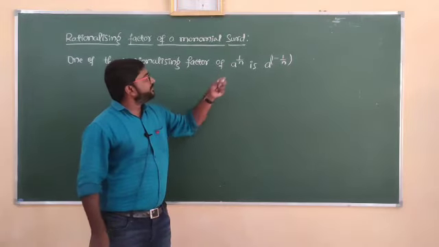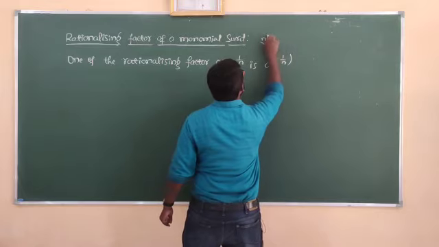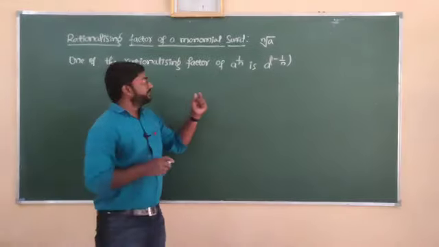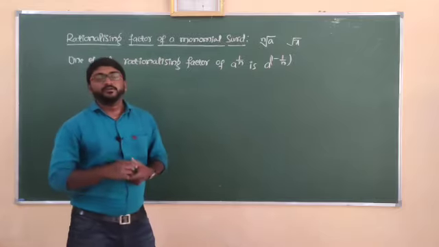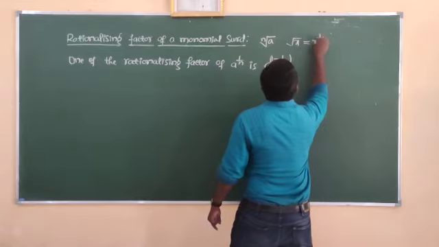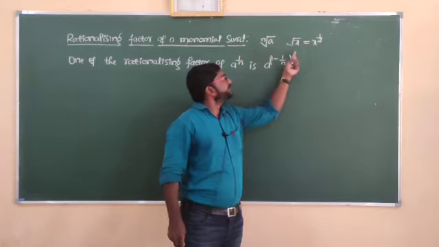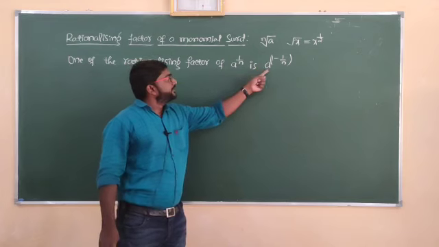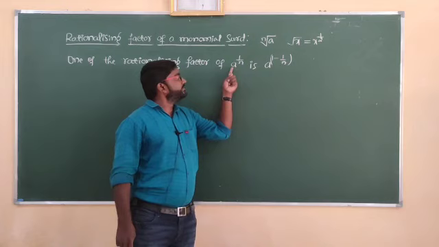What is a to the power 1 by n? It is the nth root of a, where n is the order of the surd. Take root x as an example. Root x can be written as x to the power 1 by 2, where 2 is the order of this surd. Therefore, the rationalizing factor of a to the power 1 by n is a to the power 1 minus 1 by n.